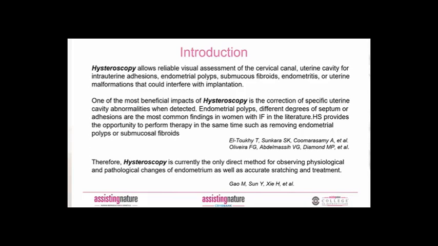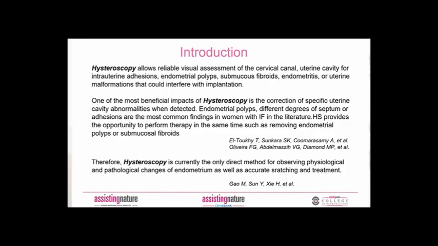Hysteroscopy allows reliable visual assessment of the cervical canal and uterine cavity for intrauterine adhesions, endometrial polyps, submucous fibroids, endometritis, or uterine malformation that could interfere with implantation. One of the most beneficial impacts of hysteroscopy is the correction of specific uterine cavity abnormalities when detected.